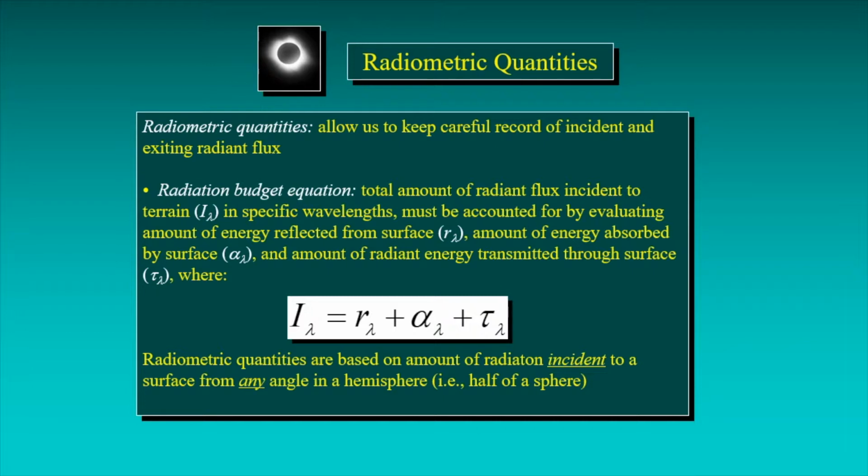Again, all these are wavelength dependent. So the sum of r, alpha, and tau is going to equal the energy that is incident to that particular surface. We should also note that radiometric quantities are based on the amount of radiation that is incident to a surface from any angle within our hemisphere. That's that 2 pi hemisphere that I was referring to over a particular type of surface.